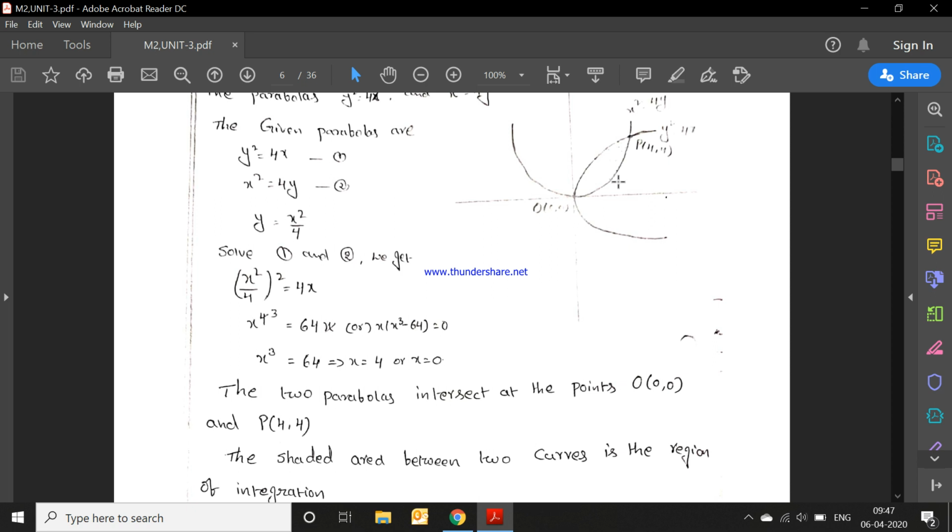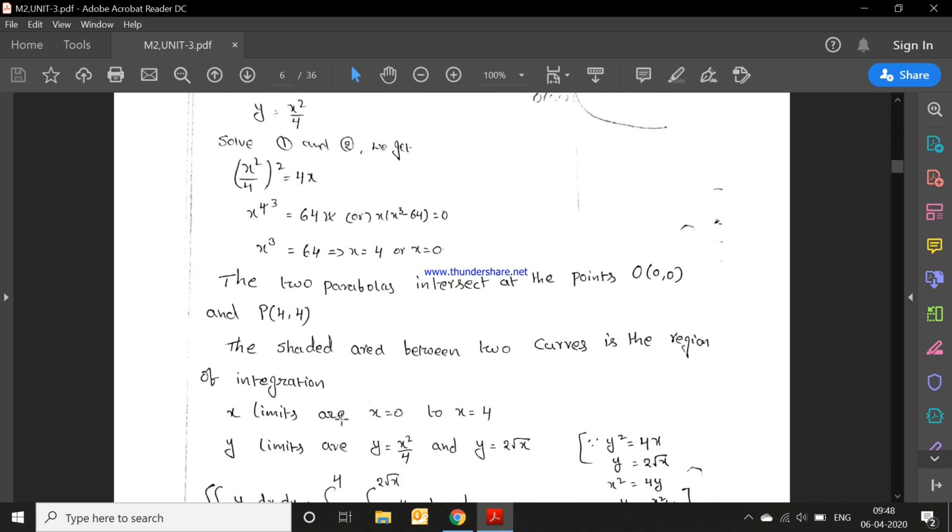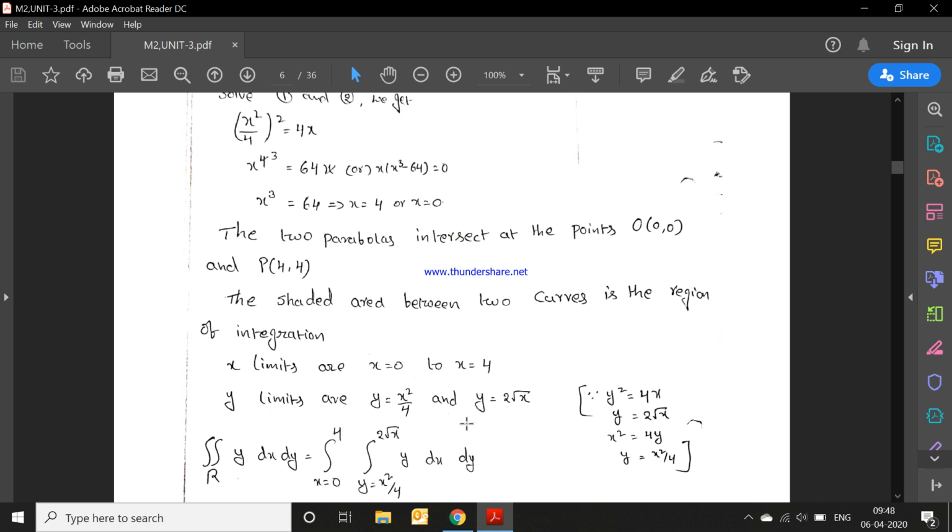Y is equal to x square by 4. And the region ends on the curve y square is equal to 4x. What is the y value on this curve? Y is equal to root 4x, that is, y is equal to 2 root x. So the x limits are 0 to 4 and the y limits are y is equal to x square by 4 to y is equal to 2 root x.